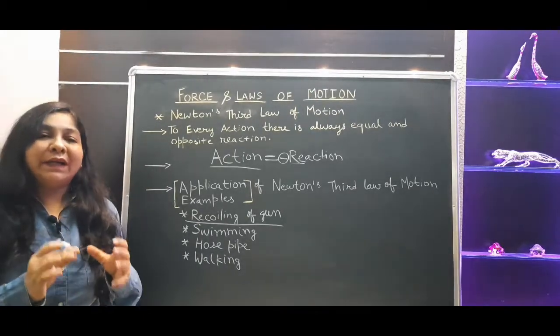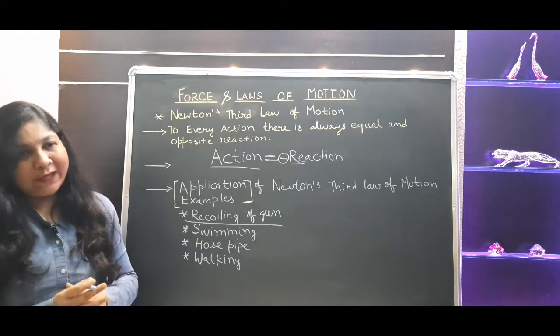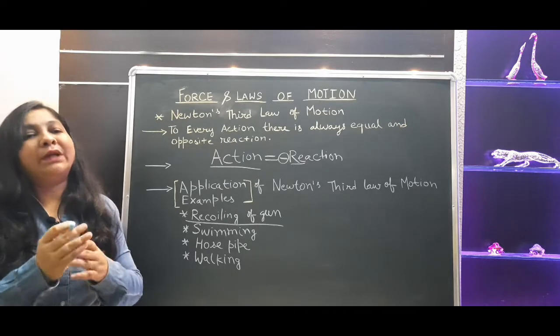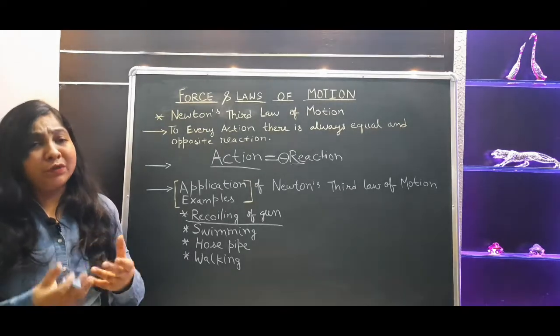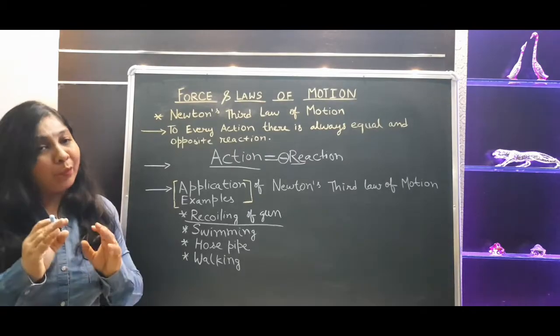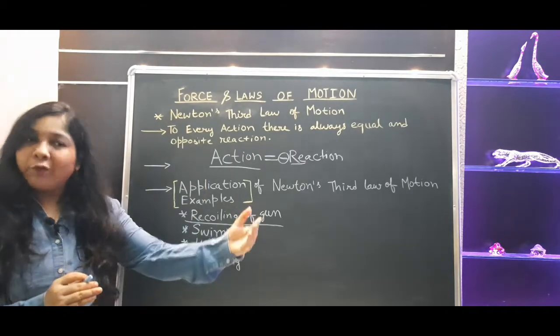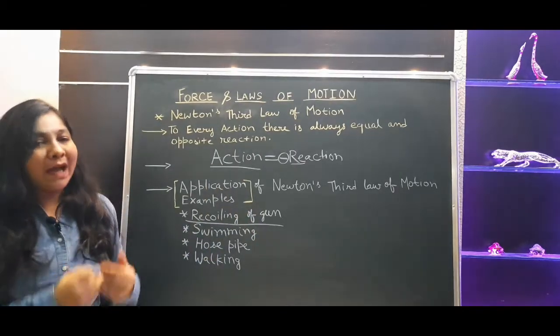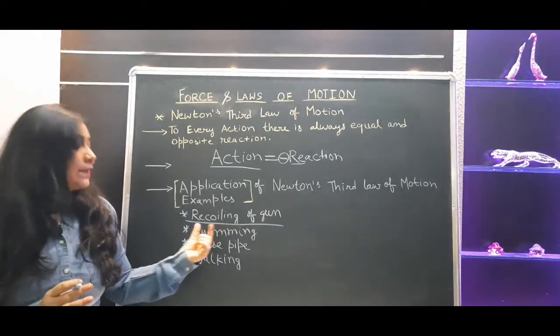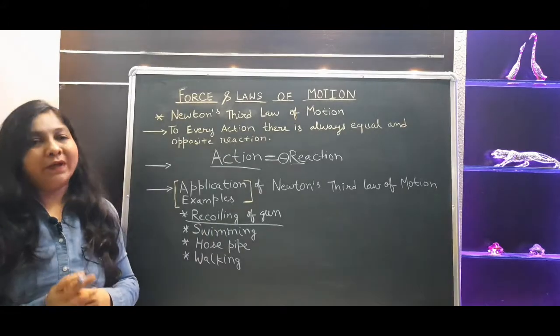As the mass of the gun is more compared to the bullet, this movement of the gun is not that much if you compare it with the motion of the bullet, but still the gun and bullet both move. The bullet moves in the forward direction and the gun moves in the backward direction. The backward movement of the gun is defined as the recoil velocity of the gun.